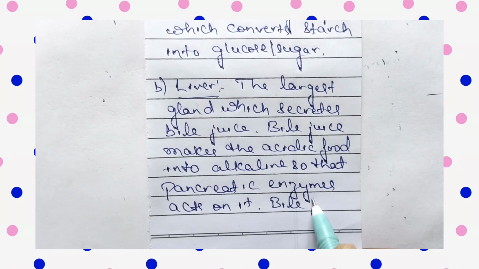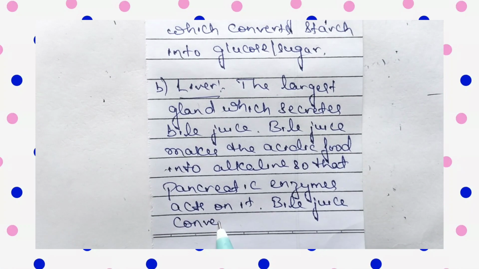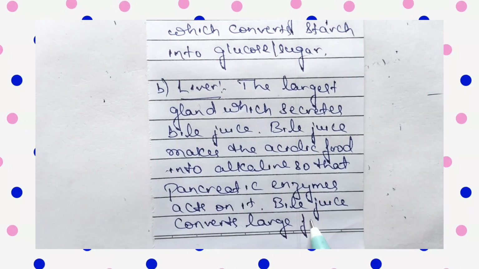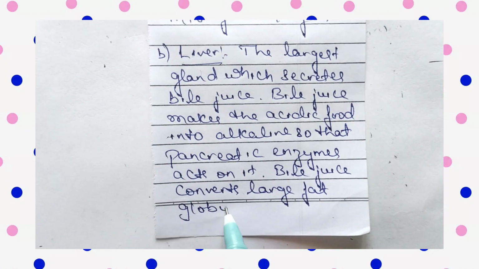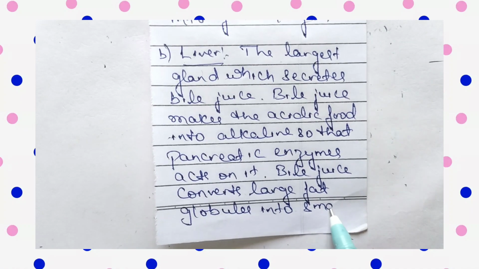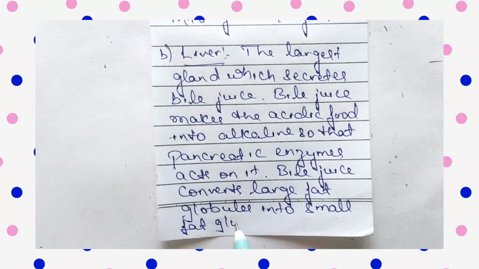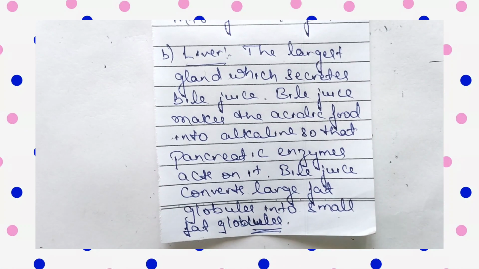Bile juice converts large fat globules into small fat globules. In the sense, it helps in digestion of fat. So this is the second one.